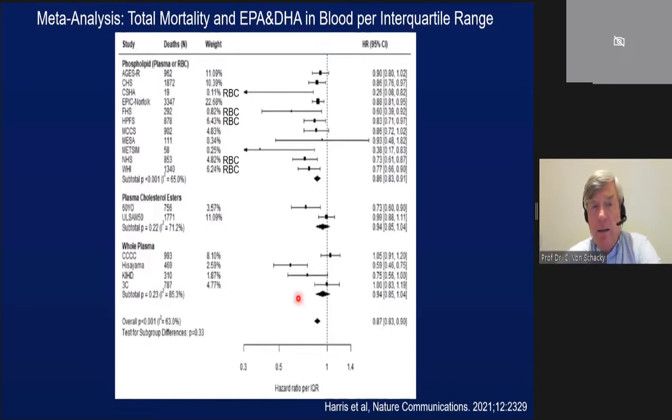On the other hand, up here, whenever red blood cells were analyzed, you don't get to cross the line of ineffectiveness, and you have a good signal to noise ratio. In this case, it was total mortality and EPA and DHA in blood per interquartile range.